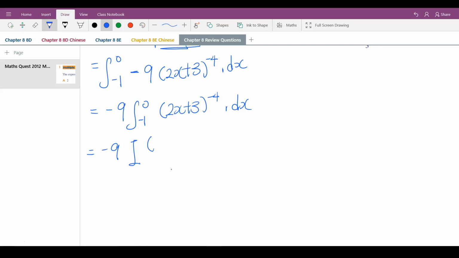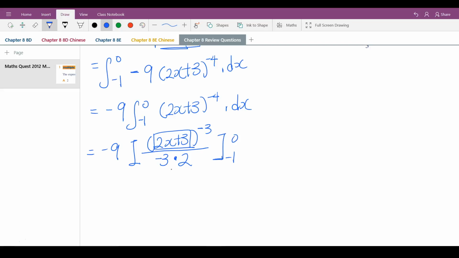How we reverse that is whatever is inside the bracket stays the same. Now the power plus 1 becomes negative 3. You divide by the new power and multiply the denominator by the derivative of the inside of the bracket, which is 2.